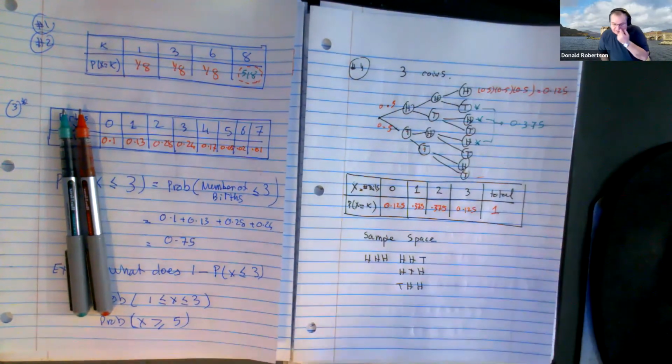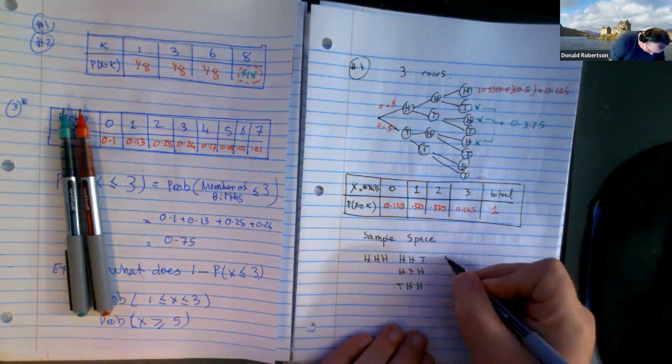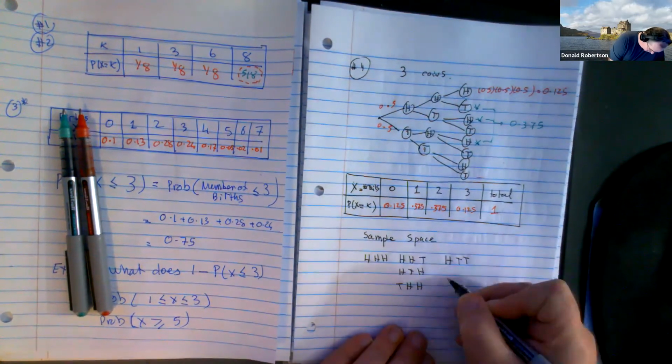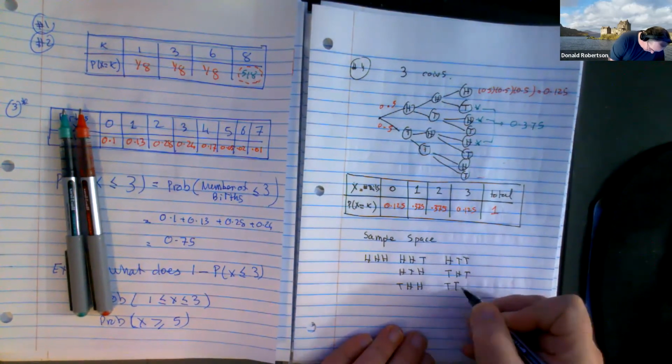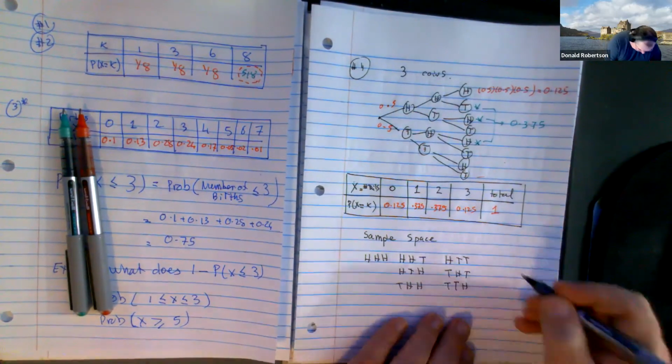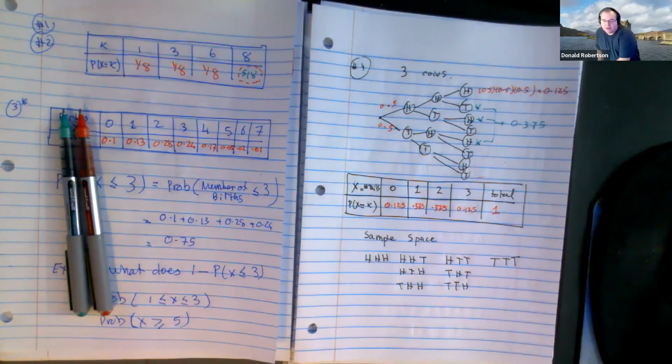You agree that's 3 different ways 2 heads and a tail can happen. Now, if you do 2 tails and a head, it could happen that way. And if you write down 3 tails happening, it could happen that way.